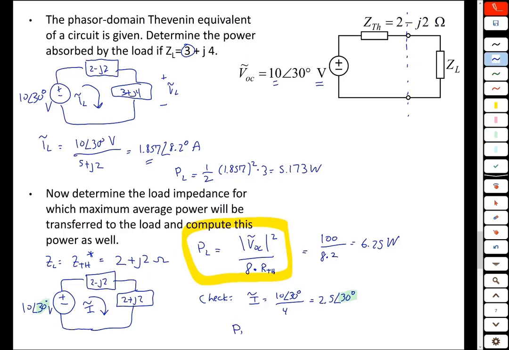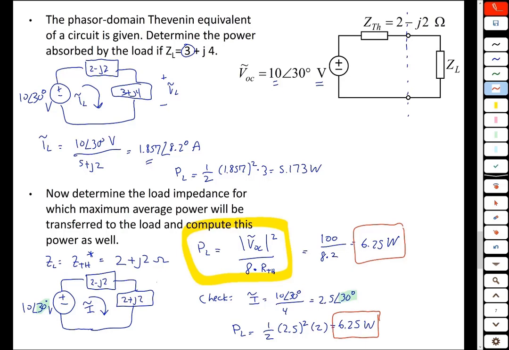So the power absorbed by the load is what? It's 1/2 times the current magnitude squared, 2.5 squared, times 2, or 6.25 watts. So once again, the power using the simple equation is 6.25 watts. Using this equation, it's also 6.25 watts.